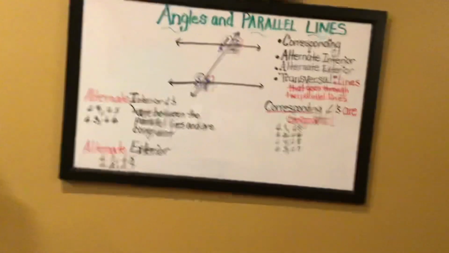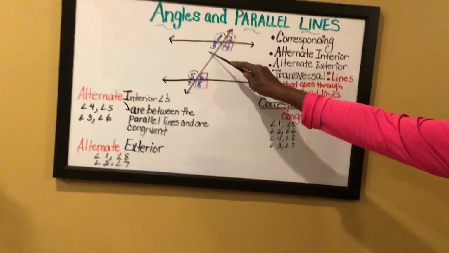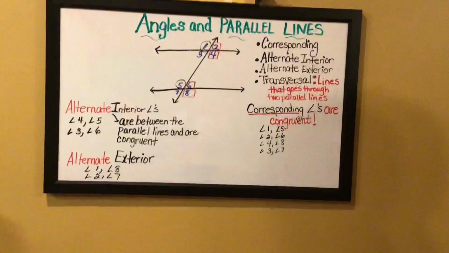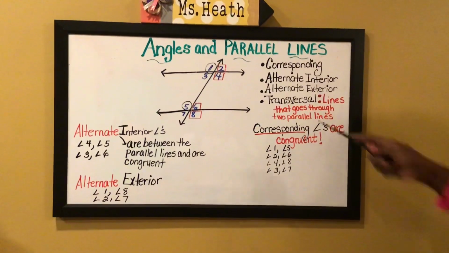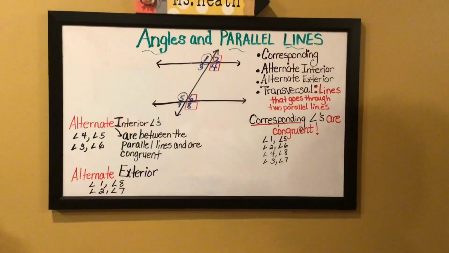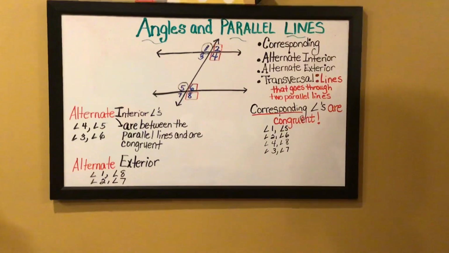Now, look at 3 and 2. 3 and 2 are corresponding, and 7 and 6 are corresponding because they are the same number in degrees.